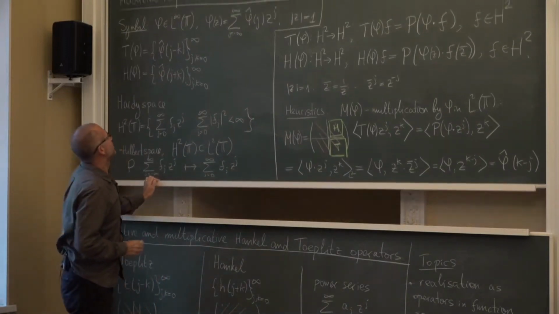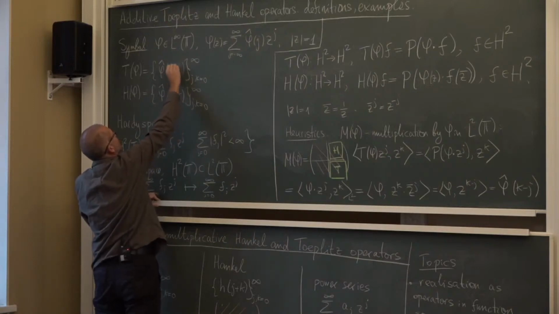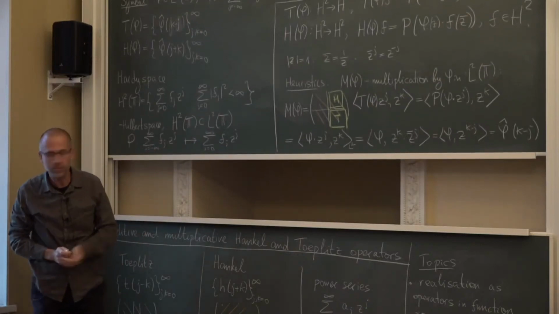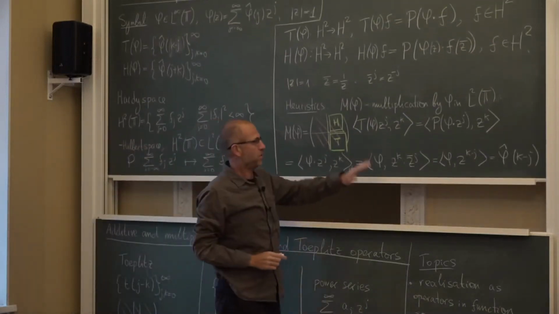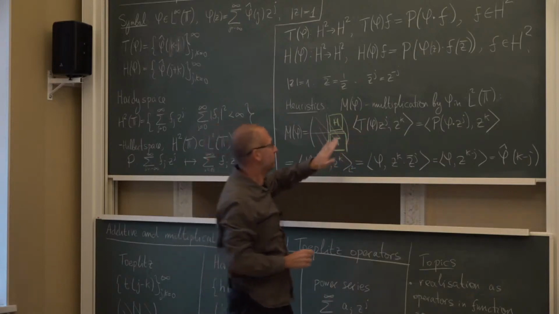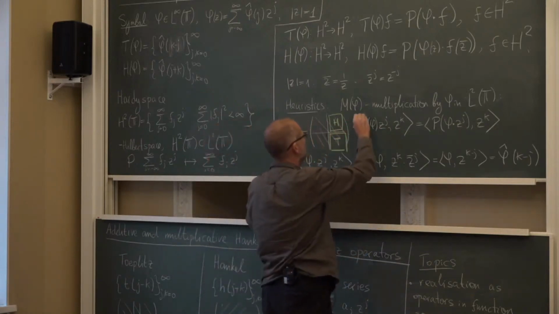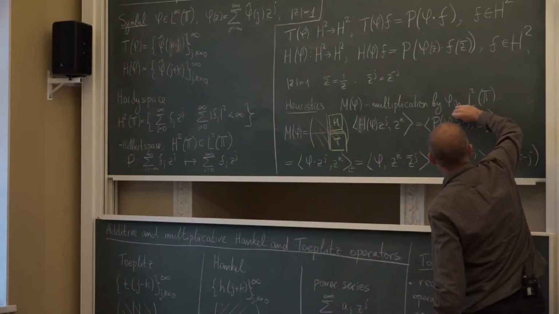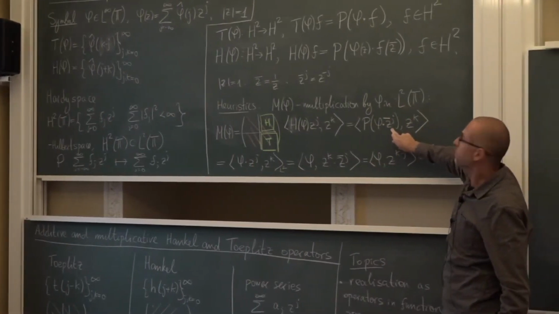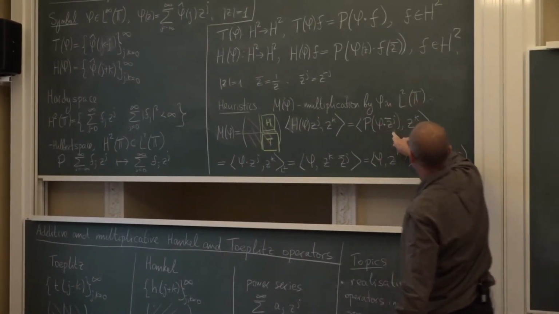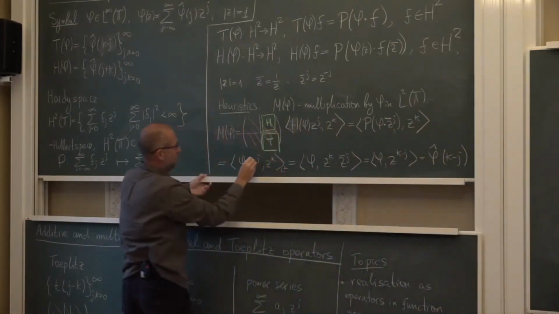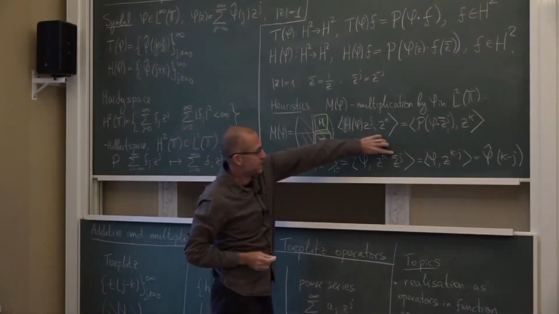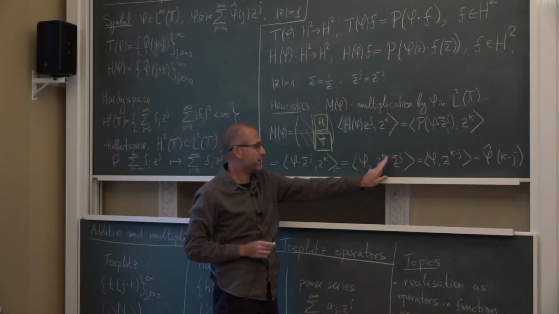So k minus j. If I do the same calculation with Hankel now, what changes? Let me just edit this line. What changes here is I have to put bar over this Zj because of my definition of Hankel. When I move it to the other side, this bar disappears because I apply bar twice.